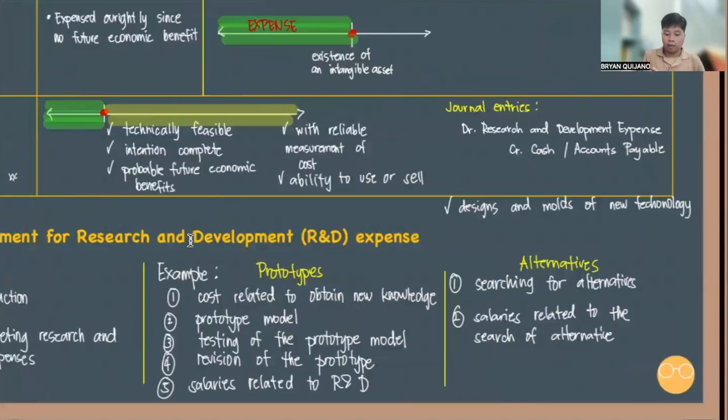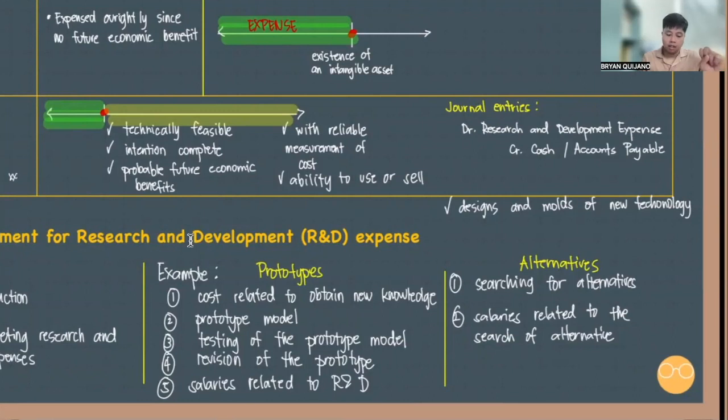Here are the examples of R&D expenses. If you're looking for the prototypes or the entity is searching for the alternatives, then it should be recorded as part of R&D expenses.